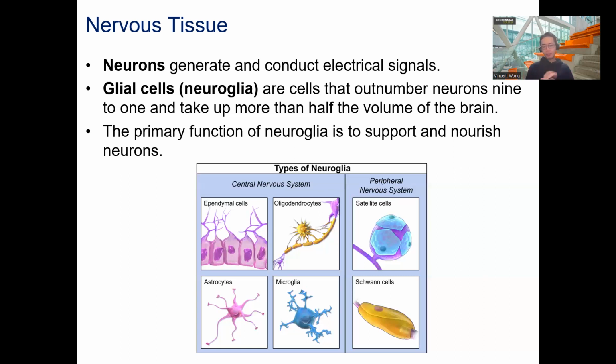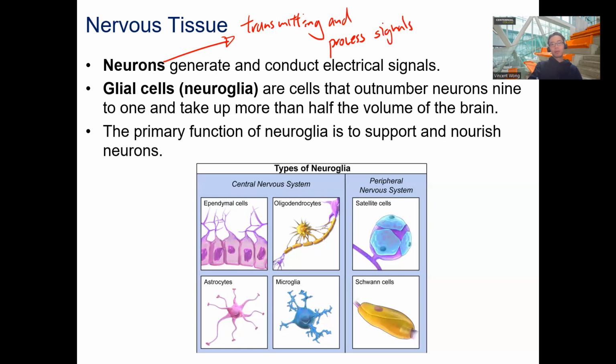But regardless of the kind of information that it carries, the function of the neurons essentially boils down to transmitting and processing signals.